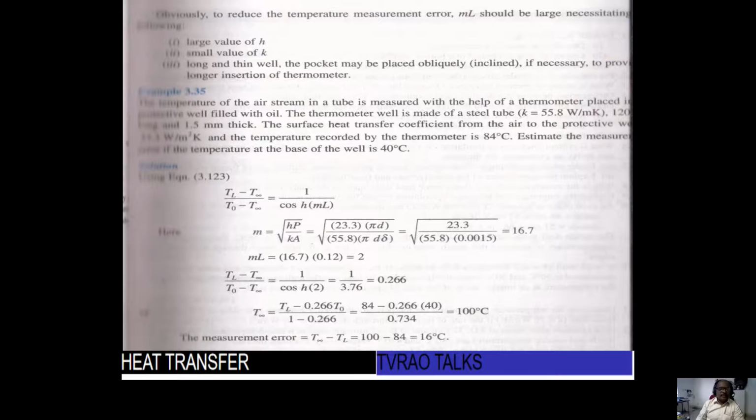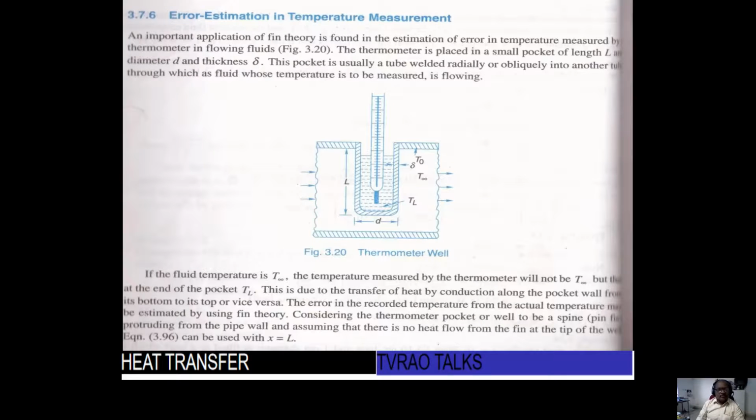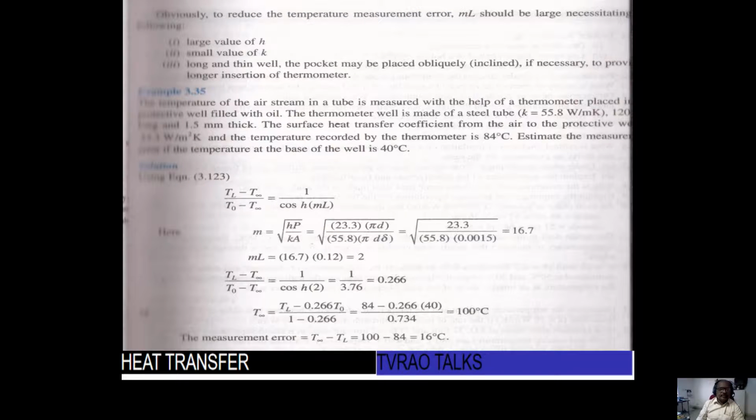So for the error estimation, in this slide a small equation is missed. It is the particular temperature distribution: TL minus T infinity by T naught minus T infinity equals 1 by cosh mL.